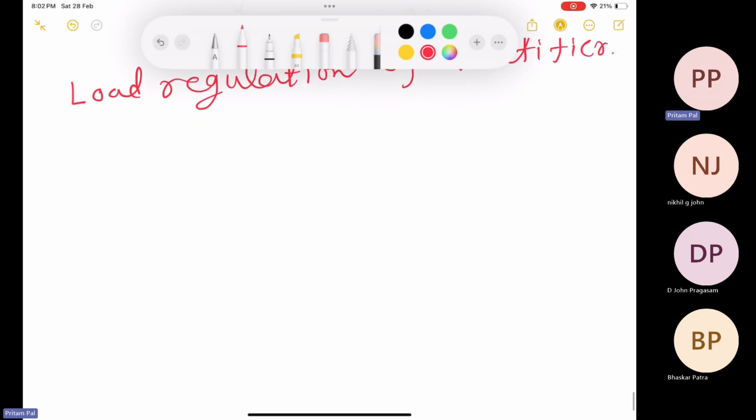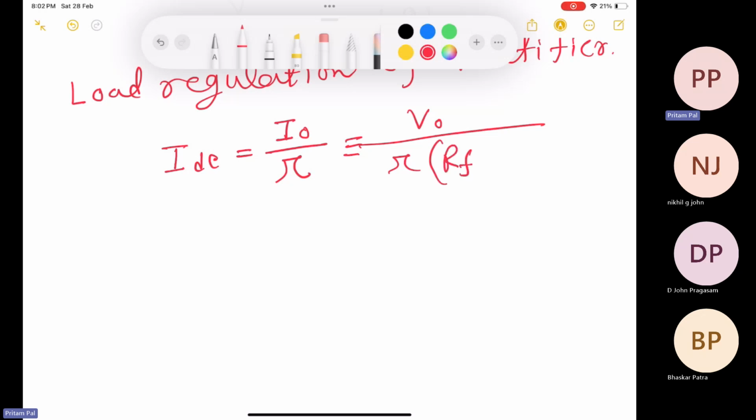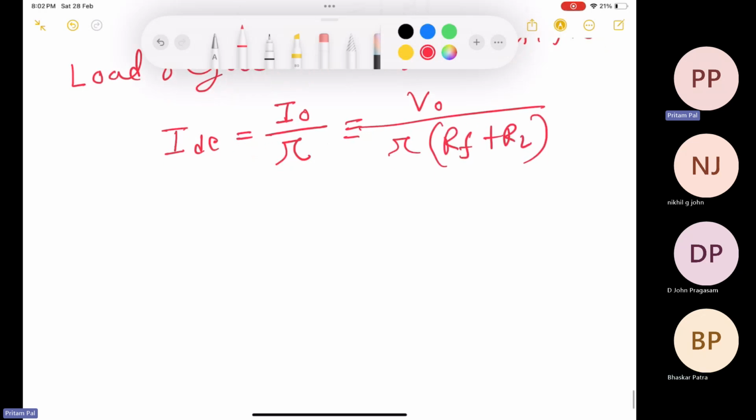It's called the load regulation. We already know IDC is I naught, the zero to peak value, which can also be written as V naught pi by RF plus RL. This is constant.